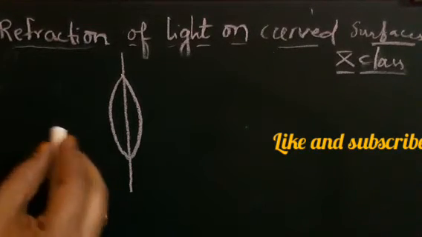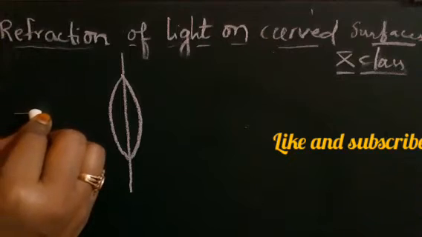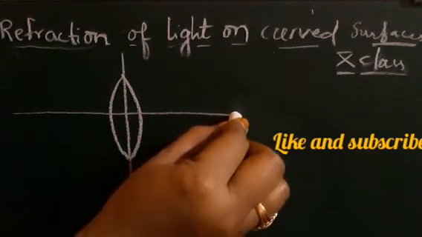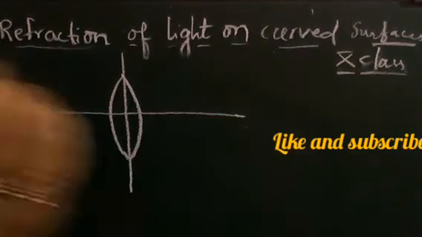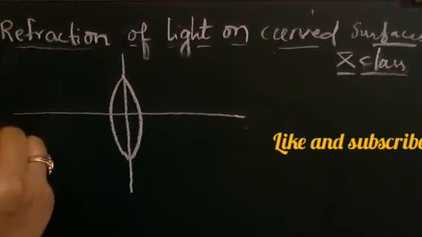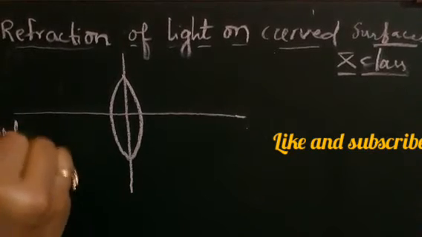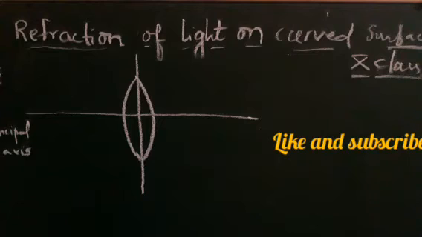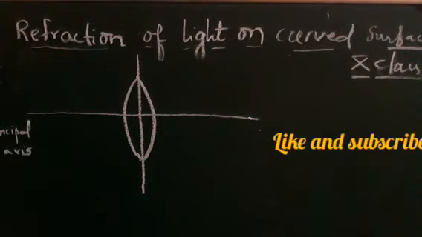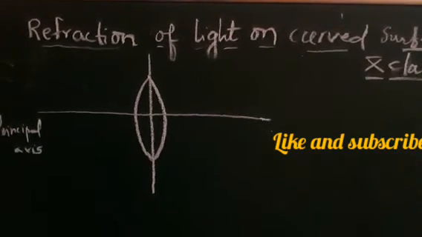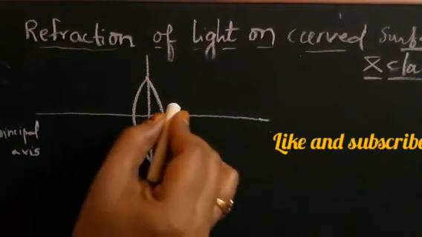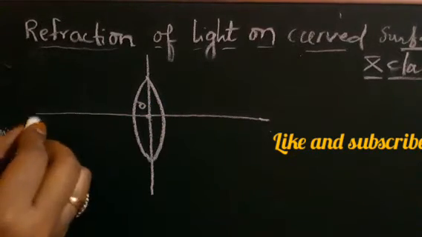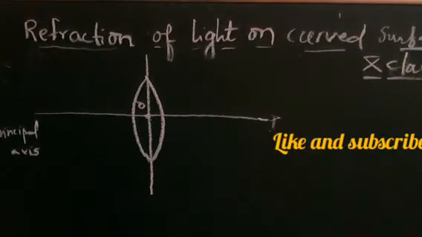This is the line passing through the center of the lens, and it is called the principal axis. This is your optic center O, and this is your principal axis P.